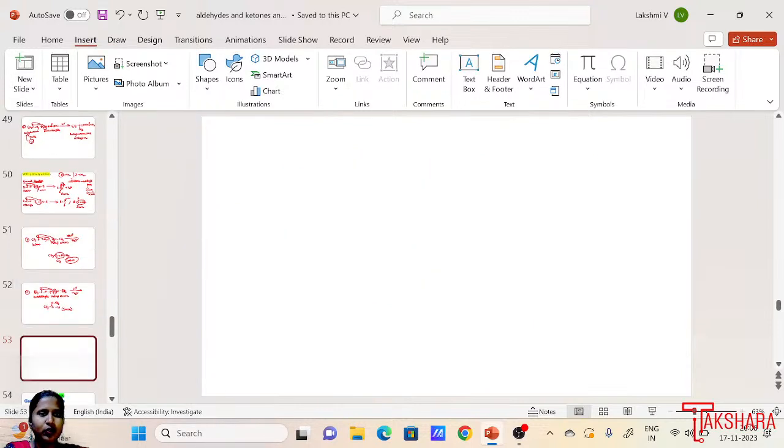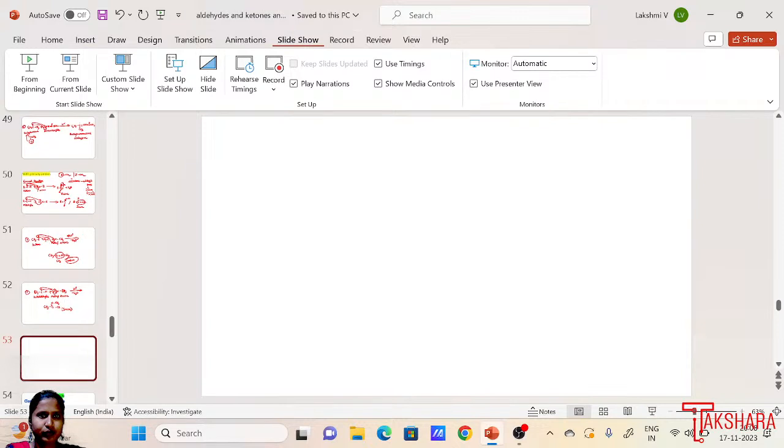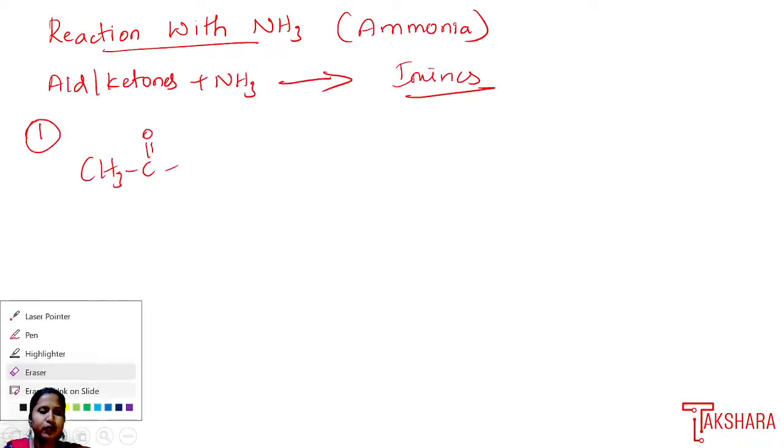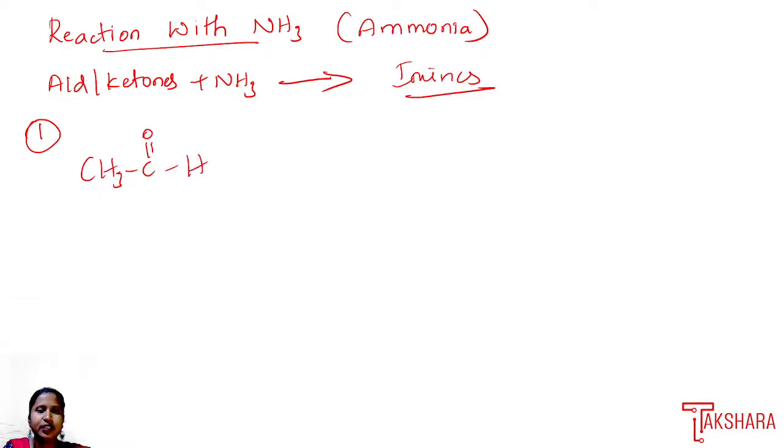So before going to reduction, let us know the reaction with NH3, which we call ammonia. CH3CHO is called acetaldehyde.